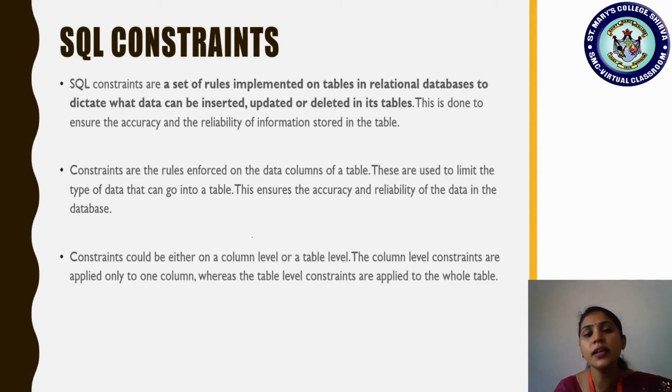Okay, so these constraints are a set of rules implemented on a table which is created or saved in the relational database to tell what type of data can be inserted, how it has to be changed or updated, or how it has to be deleted.